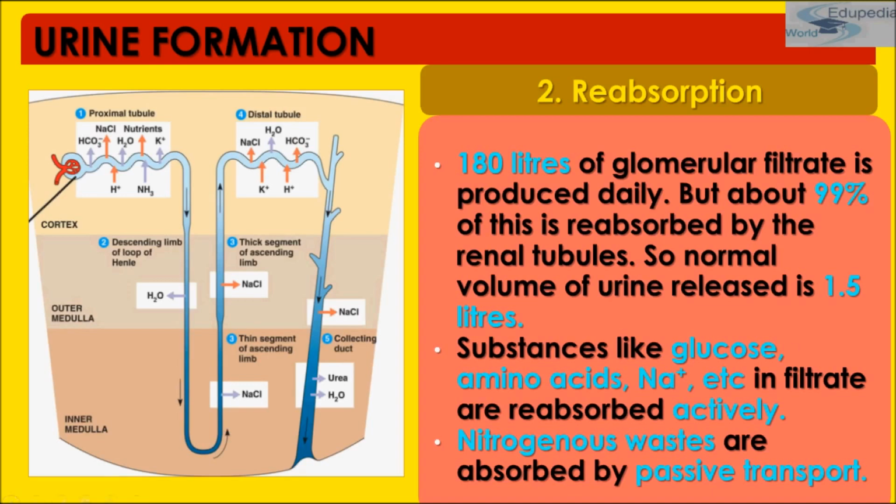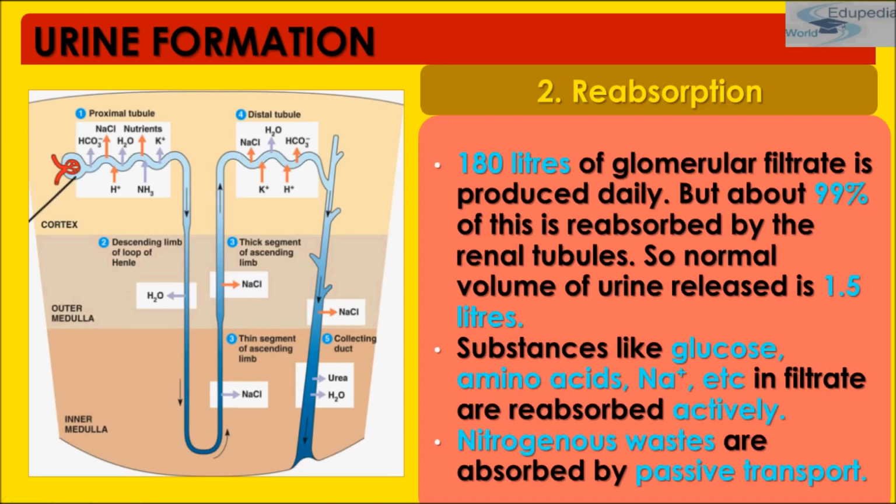And now comes the ascending limb, the thick segment of the ascending limb. You'll be amazed to know that it is permeable to electrolytes, unlike the descending limb of the loop of Henle, but it is impermeable to water. It is just the opposite.